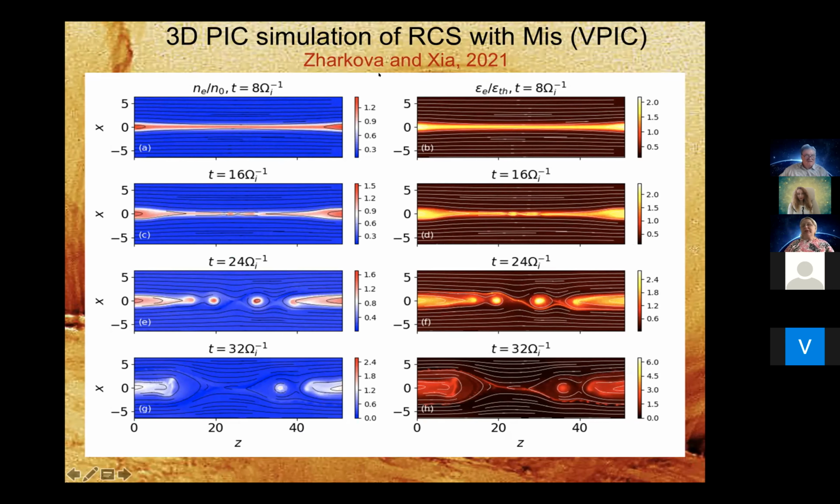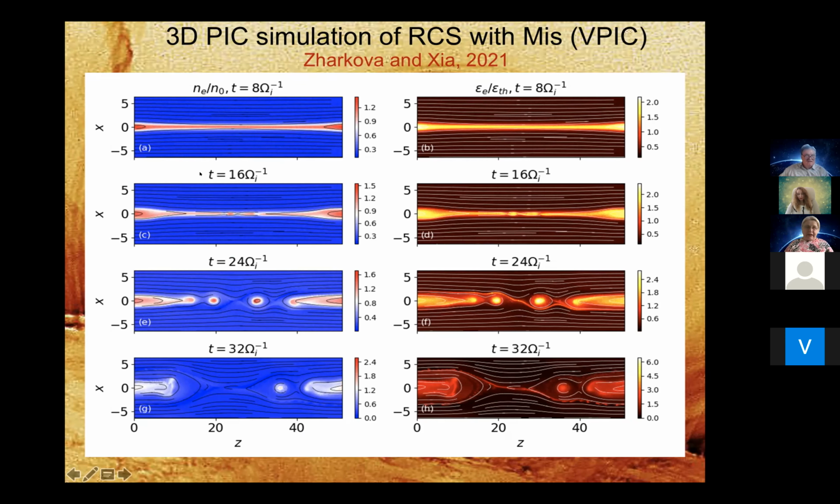In this case, we did not separate static and electromagnetic fields. We decided to see how the reconnecting current sheet would develop. After time 32 omega ion gyro frequency to the minus 1, we formed two very nice large magnetic islands with the axonal point between them.